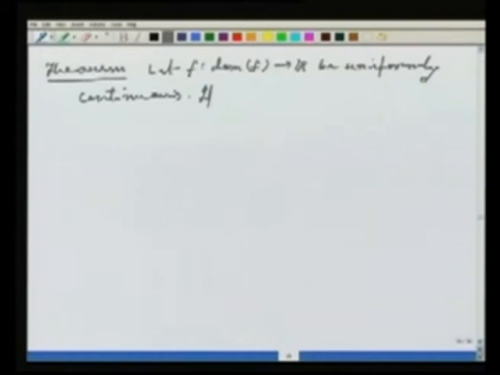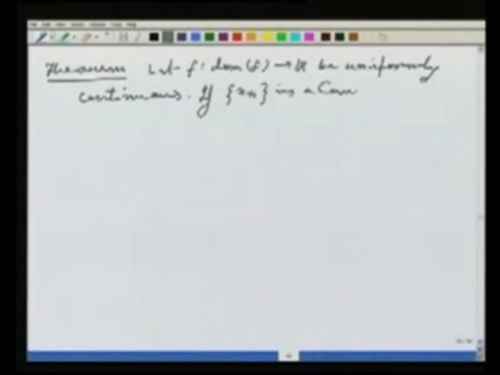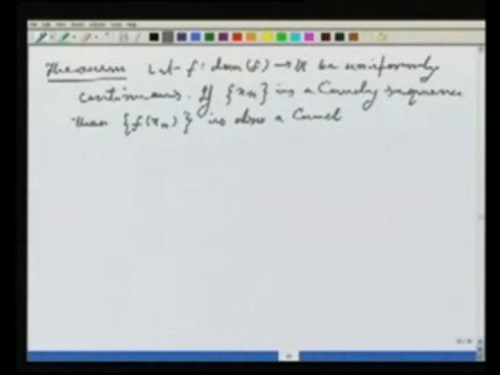If xn is a Cauchy sequence, then the new sequence f(xn) is also a Cauchy sequence. Okay, the proof is very simple.